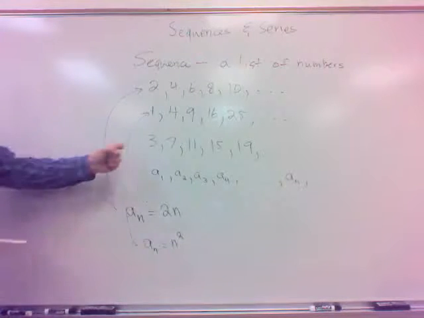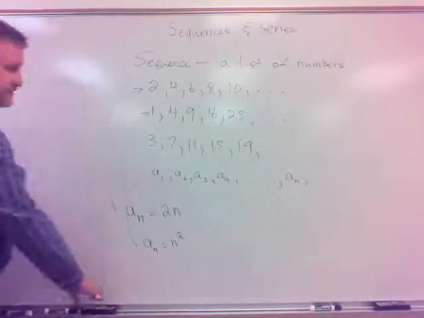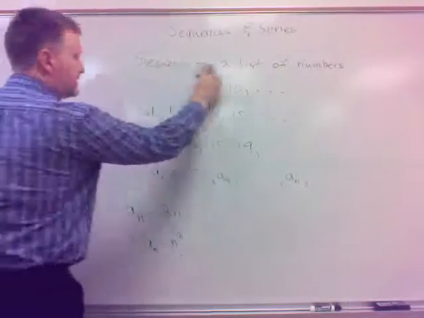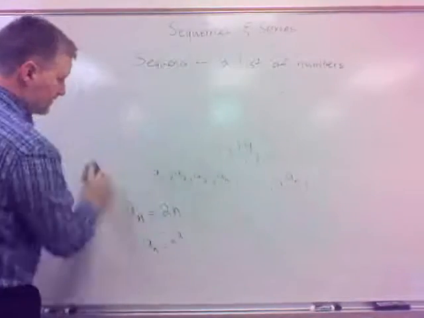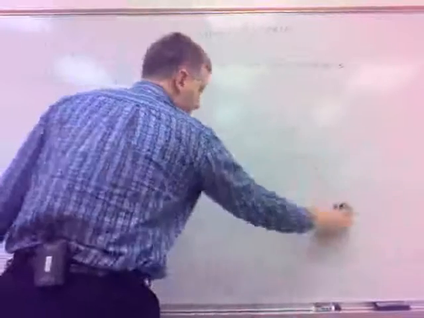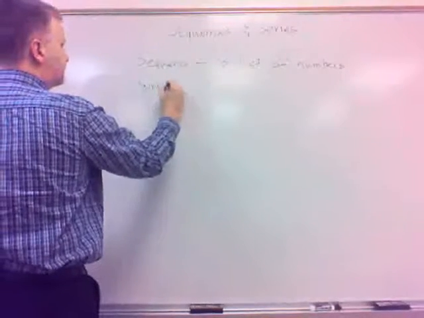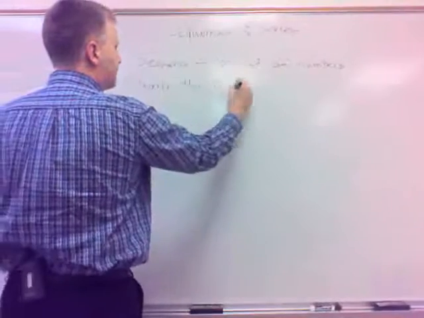Now, we'll talk about some others as we go along, but let's also take a look at some of these other a sub n sequences. Here's what they'll do. They'll say write the first 5 terms.